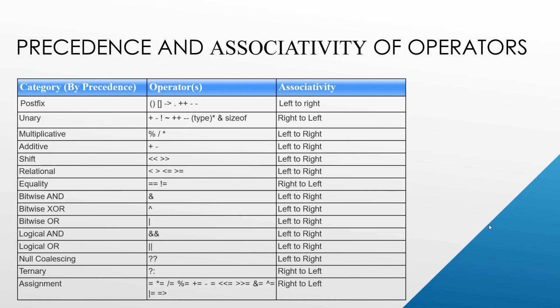If we are going to use postfix, then its associativity is from left to right. Means first it will calculate from left, then right. Likewise, we have the table and we can take reference of this and evaluate the expression.